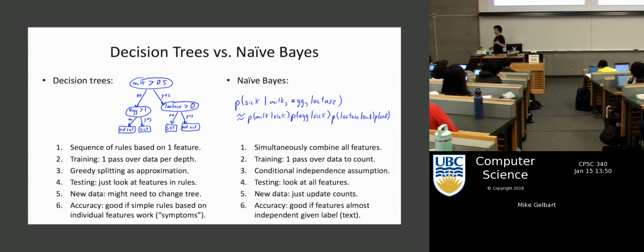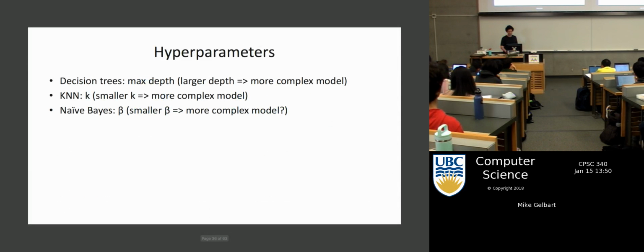It's easy to update naive Bayes when you get new data because you're just incrementing a couple of counts. And with decision trees, you might have to make a whole new tree. And this tends to work pretty well when your assumptions are more or less correct, which is often the case with text.